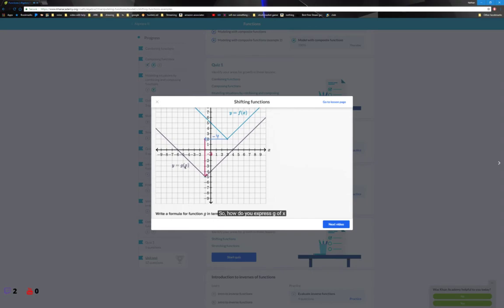So how do you express g of x if it's a version of f of x that's shifted to the left by 4 and shifted down by 7? Or you could say it had a -4 horizontal shift and a -7 vertical shift.